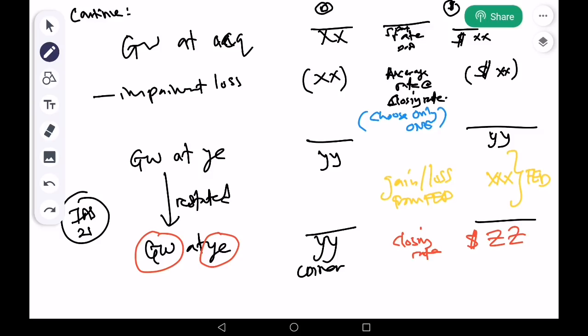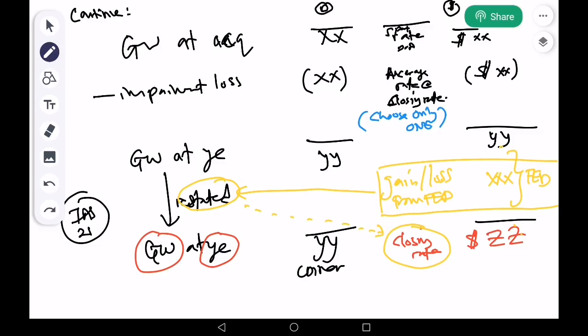Gain if the YY and ZZ is increasing, gain. Loss if the ZZ is lower than YY. So why you got all this, class? Why you got foreign exchange difference? Because IAS mentioned that you need to restate it at a different rate. So this is roughly how you want to do it for goodwill.